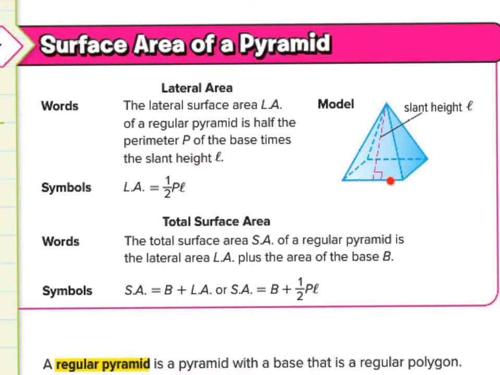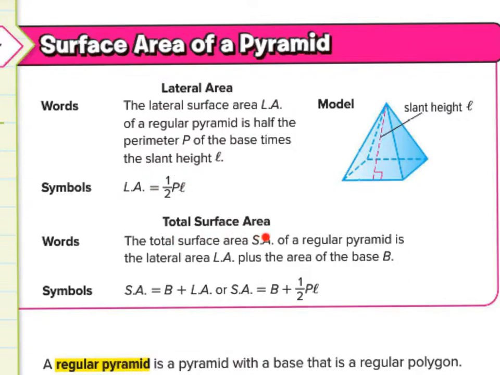So it's half the base times the height. That's how you would find the area of a triangle, right? So the symbols would be half the perimeter, or half the base, times the height. But here we call it the slant height, L, okay? But it's essentially the same thing we've been learning when we find the area of a triangle.